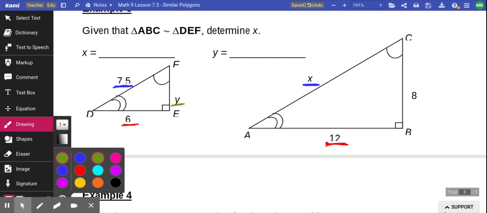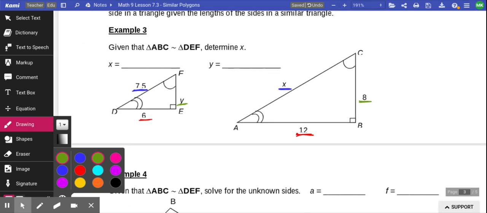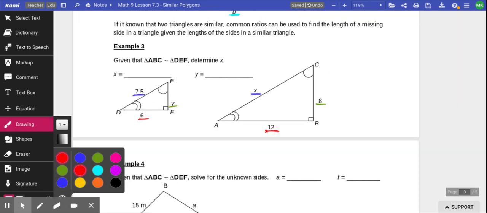And then y and 8 are somehow connected. Our job is to figure out what x and y are. So how did my triangle grow or shrink to become x and y? The only way you can do this is by calculating the scale. And the way you calculate the scale is by taking a new side and dividing by an old side.